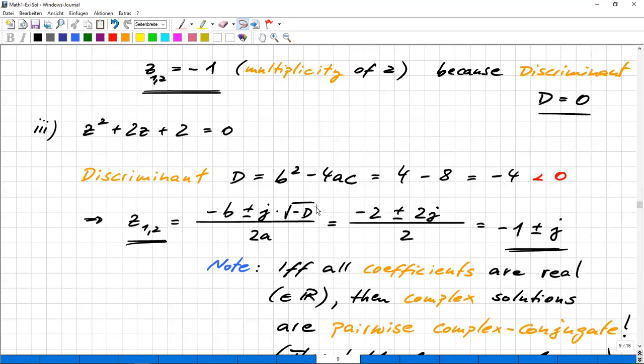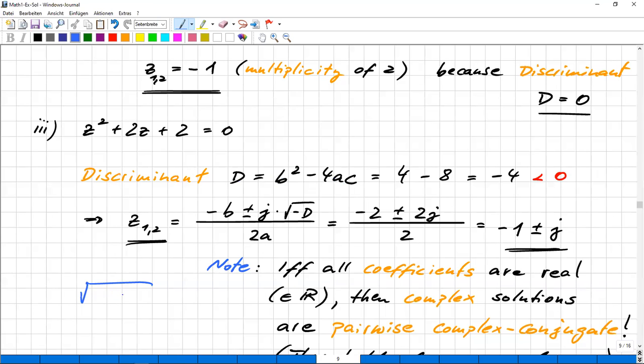And the positive root of 4 equals 2. That's fine. But how do I get this minus inside? And there, the legal trick, as I said, is: I just use this abbreviation d for the discriminant, so that I don't have to put these terms all the time.